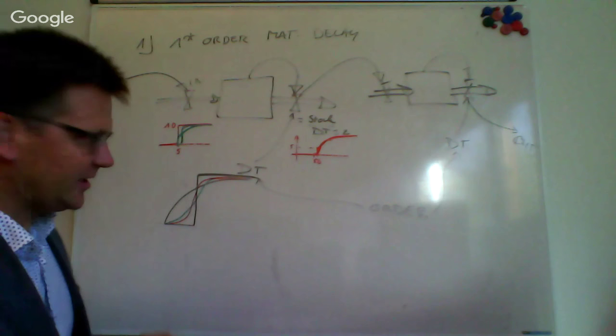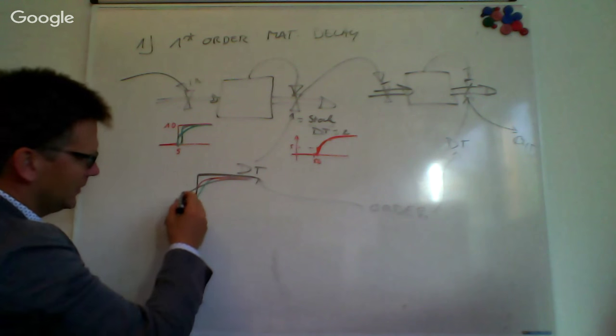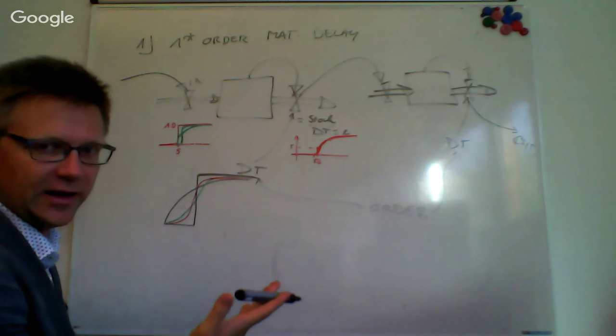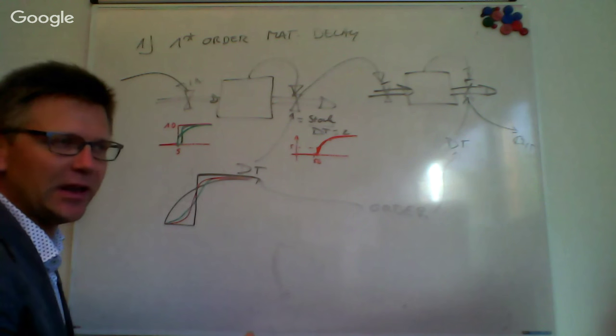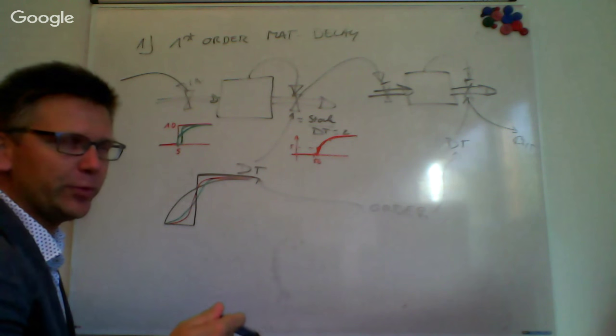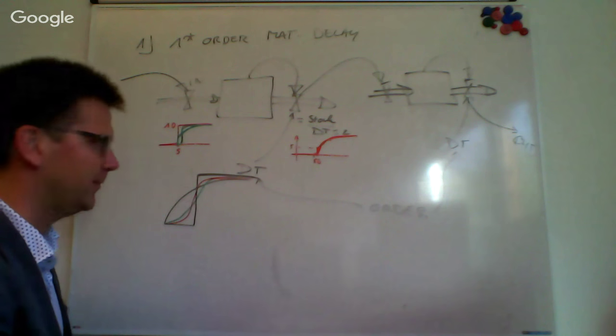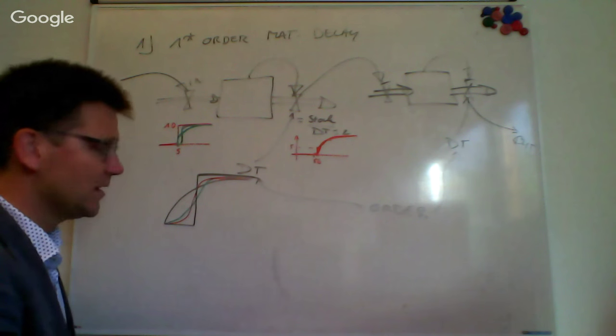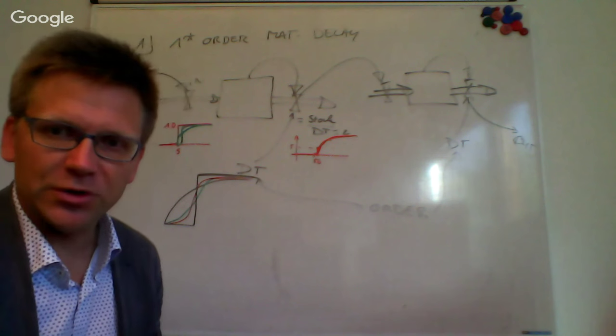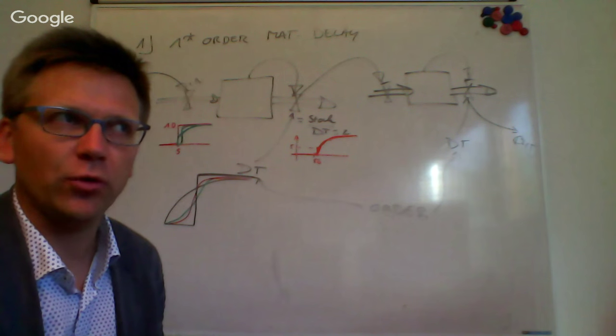This actually means that the infinite order delay follows exactly the behavior of the input, but then delayed by the delay time. That's probably what most of you expect if you talk about the delay.